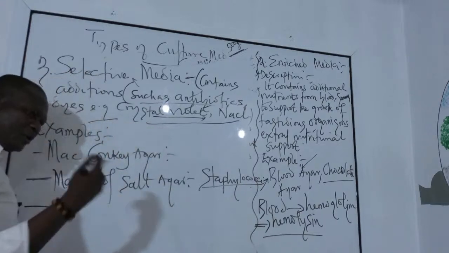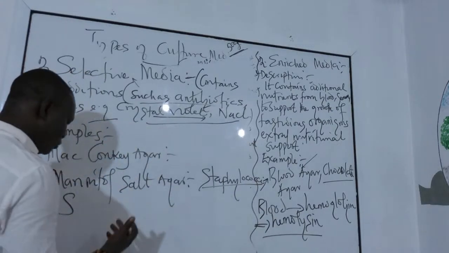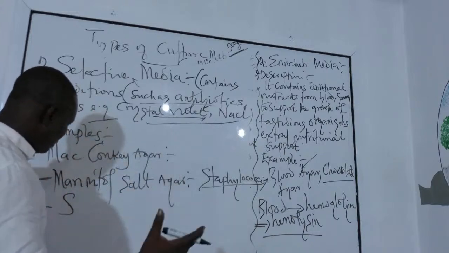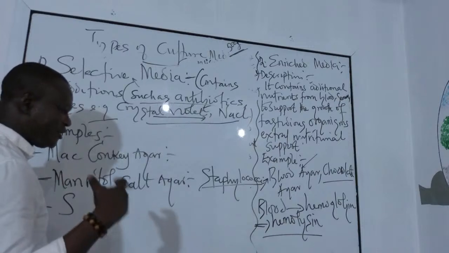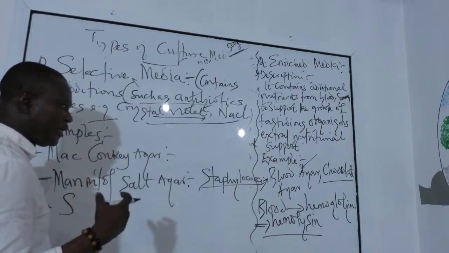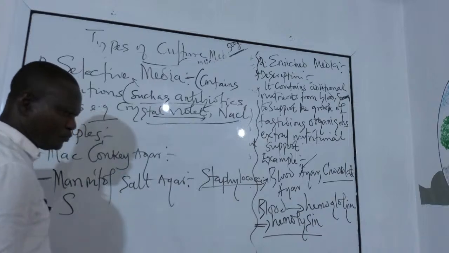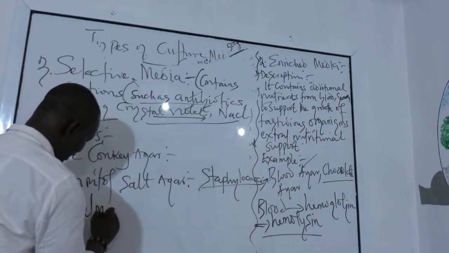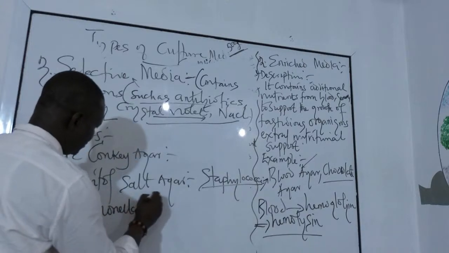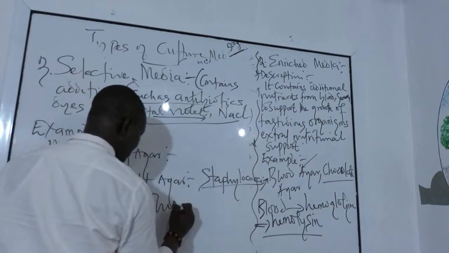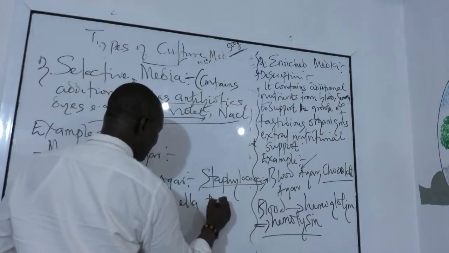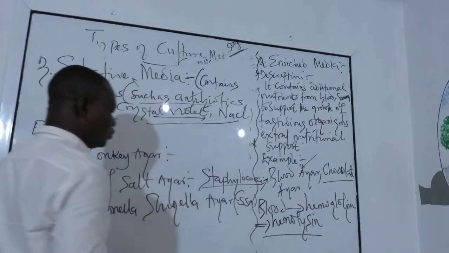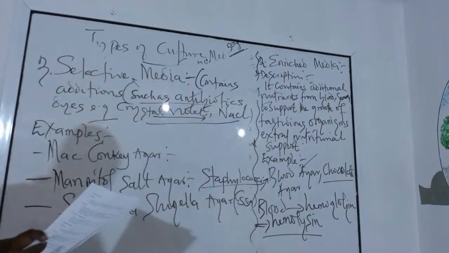So this one, from the name, can only be used to grow Salmonella species and Shigella, especially from clinical and non-clinical samples. Okay, so it's called SSA, that's Salmonella, Shigella, agar, and the short form is SSA. So this one is used to grow Salmonella.